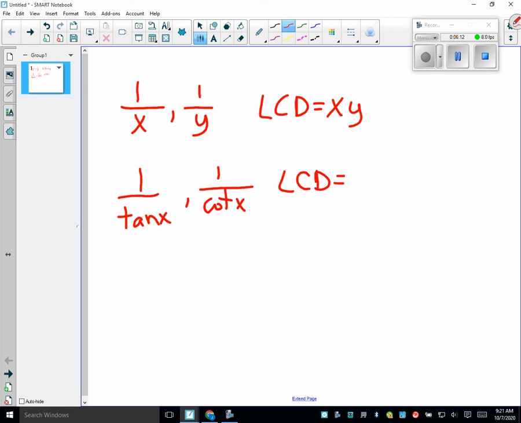Okay, how did you get the common denominator for x and y? Can I multiply these two together? So the common denominator is tan x cotan x. You all wanted that to be hard, didn't you?